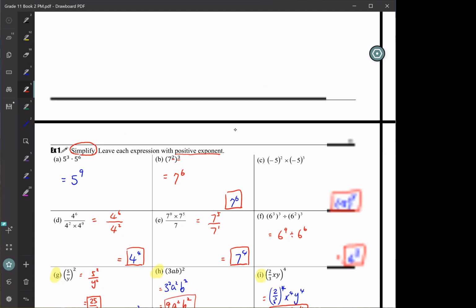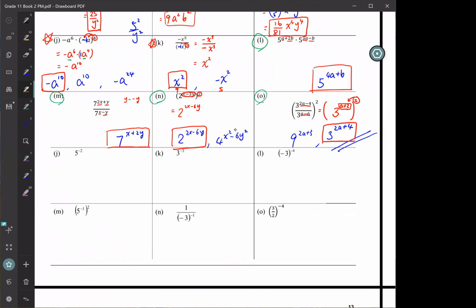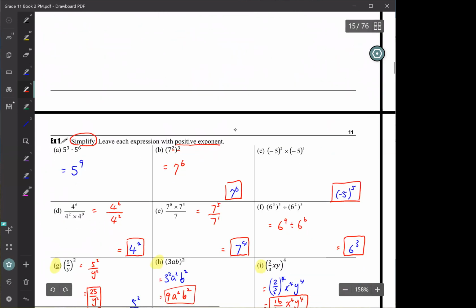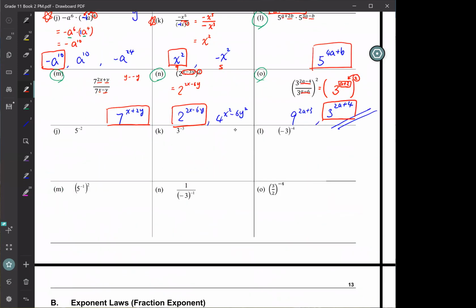You want to rewrite it, and your final answer, you don't need to evaluate, just leave it in positive exponent, same instruction as the top. Right, so finish these 6 and then raise your hand. We'll check the answers.